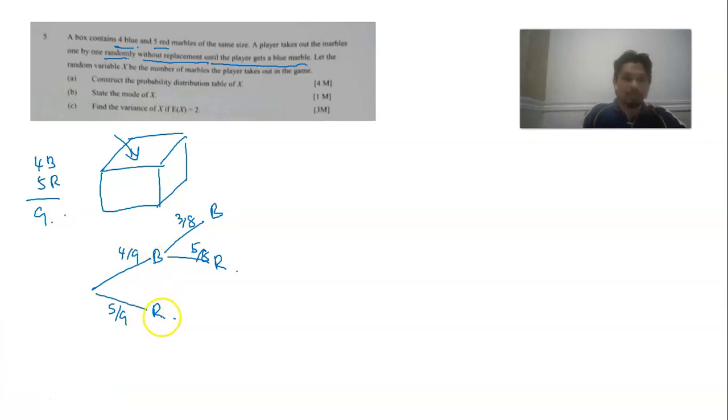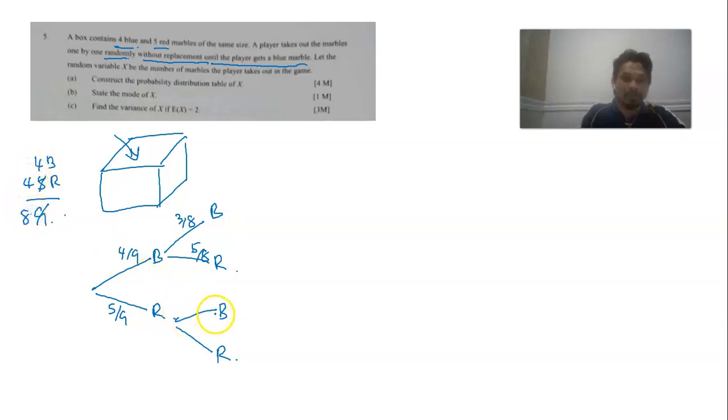Okay, let's say the first ball is red, where the number of red is 5 out of the total of 9, so 5 over 9. There are only 2 possibilities in this case, which are blue balls or red balls. If I pick red first, then for the second time there are only 4 red balls left, and the total inside the box is 4 plus 4 equal to 8.